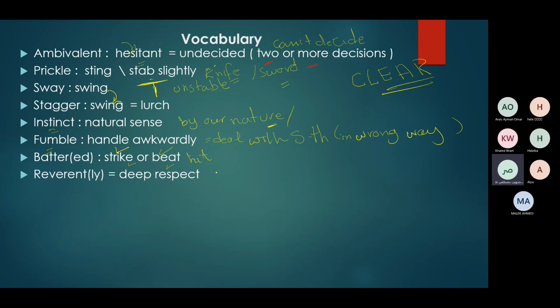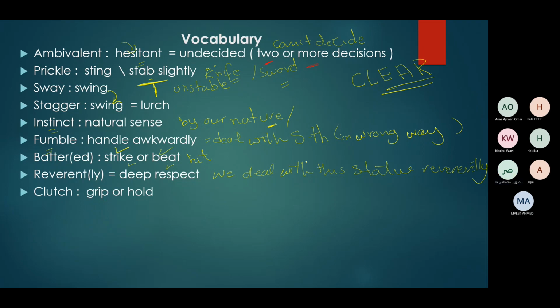So you say, this statue is reverent, or we deal with this statue reverently. It means with great respect. Next, clutch. Clutch means to grip or to hold. It's easy, clear.